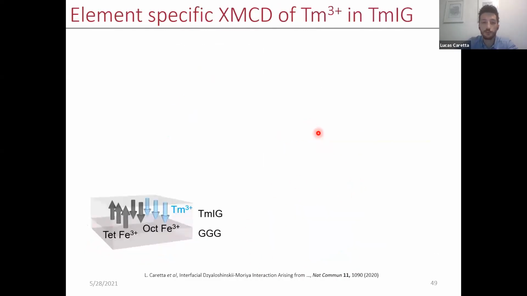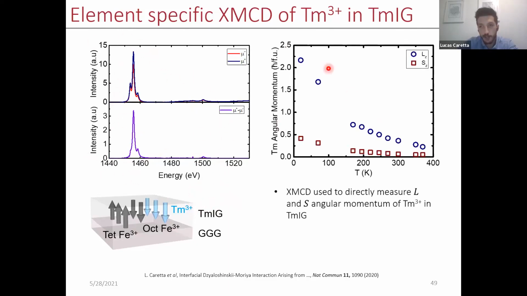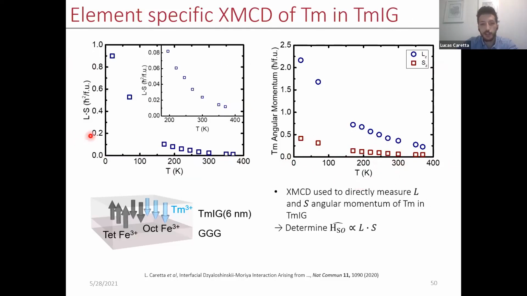And to further prove that the DMI is a function of the rare earth in these material systems, what we did was we went to the synchrotron and did some XMCD studies at the thulium edge of these materials. And through XAS and XMCD, what you can actually calculate is both the spin and orbital angular momentum of the thulium as a function of temperature. And essentially, you can calculate a parameter that goes as spin-orbit coupling.